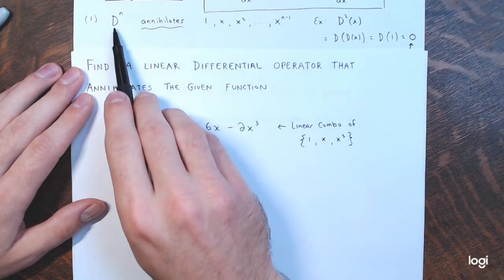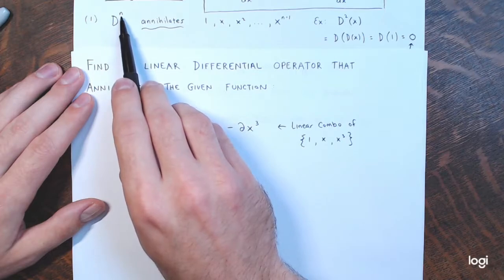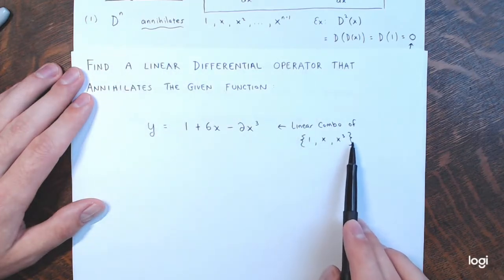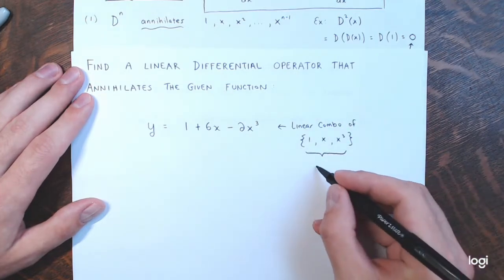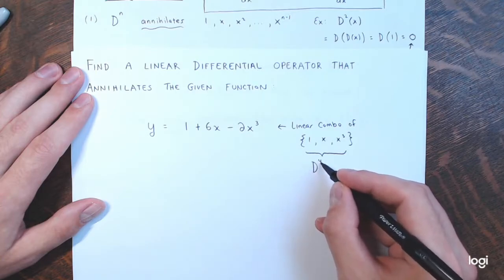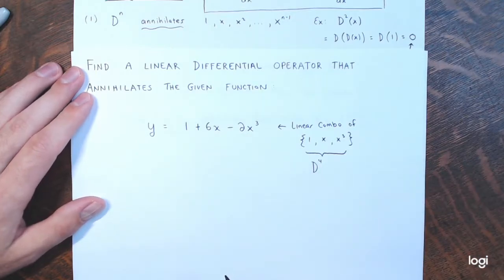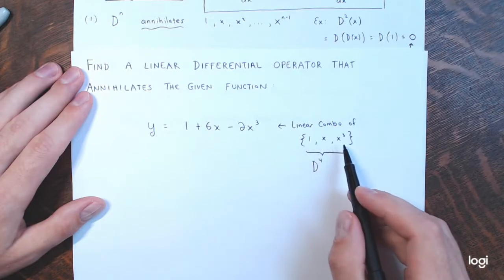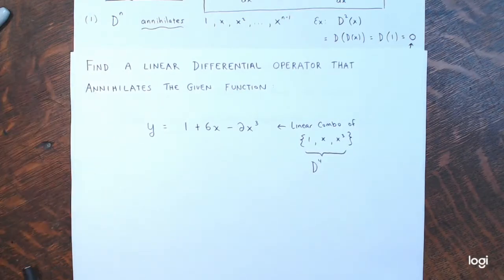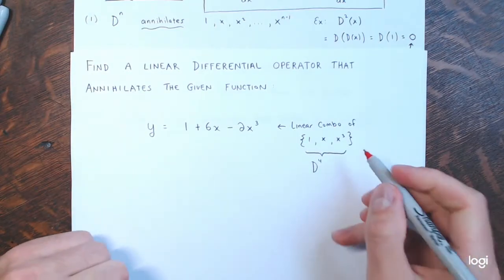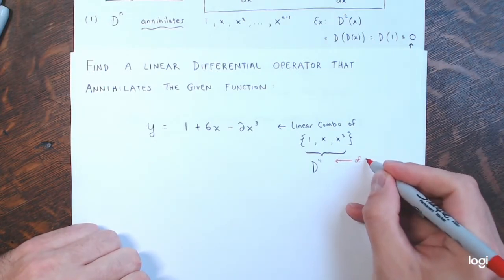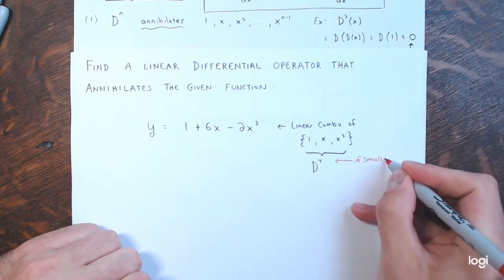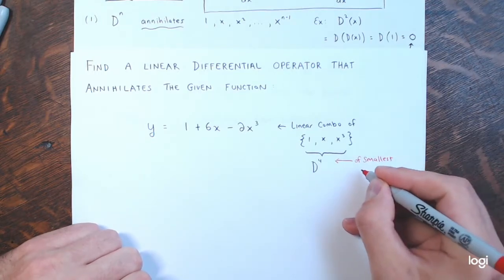So the differential operator of the smallest order that would annihilate all these is d to the 4th. Now, of course, d to the 5th, d to the 6th, d to the 7th, any higher order would also annihilate these. But like I said, I'm trying to find differential operators of the lowest order that annihilate the function.